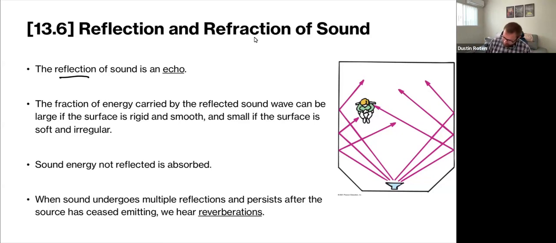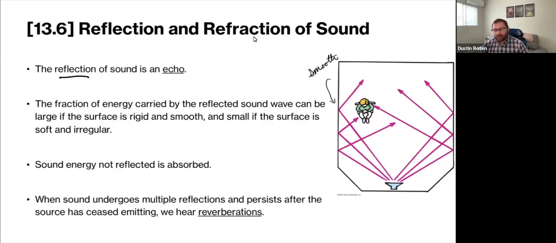You can see here, it looks like these are probably some pretty smooth surfaces because you're getting a lot of echo. And it turns out whatever angle a sound comes in at is also going to be the angle that it leaves at.